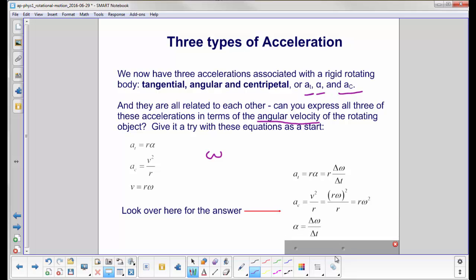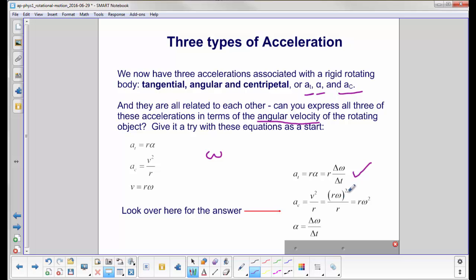Tangential acceleration is r alpha, but alpha is change in angular velocity over change in time. So here we go. Here's tangential acceleration. Our centripetal is v squared over r. V is r omega.